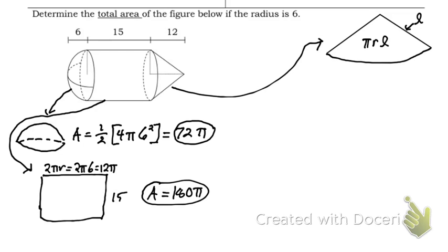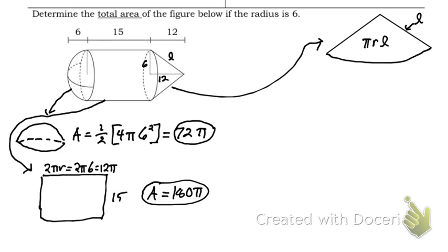Here's the problem. I don't know that length. That L is really this L right here, so it's the same L as here. But we can find it because I know the height of the cone was 12, and I know the radius is 6.